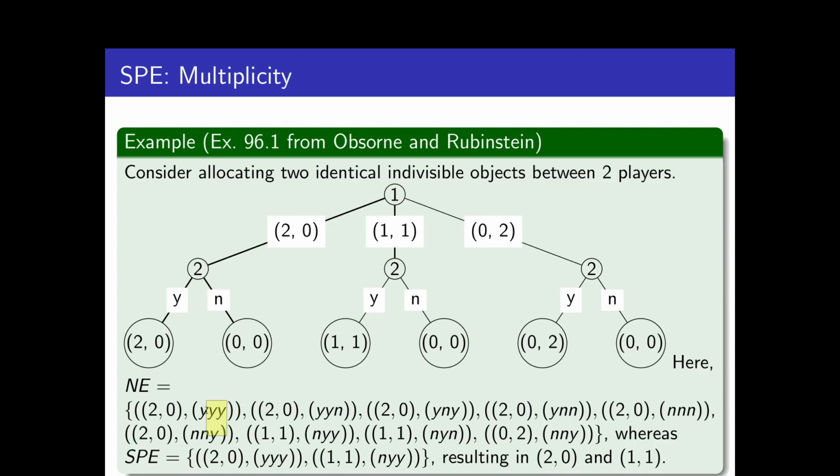So the only profiles which are left here are 2-0 YYY. The others are not relevant, because here you have no, and here you have no. So you have only two subgame perfect equilibria.